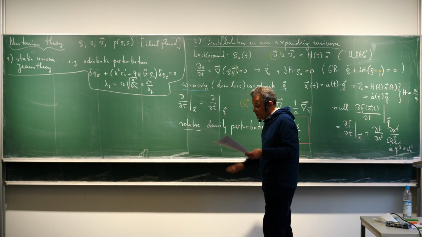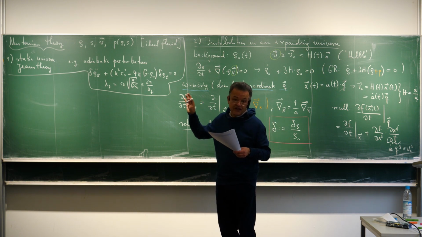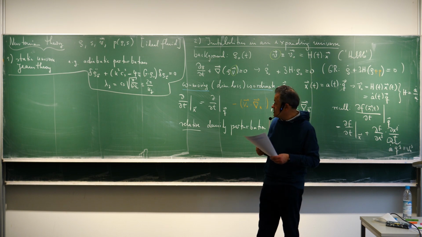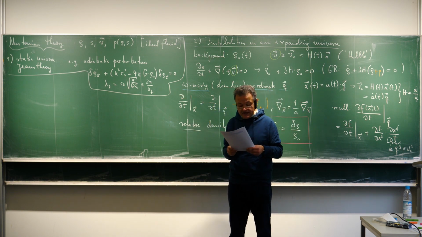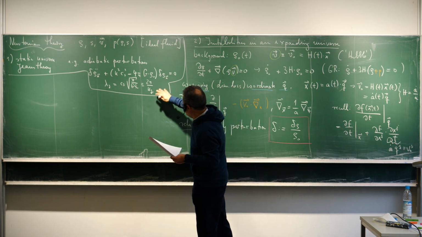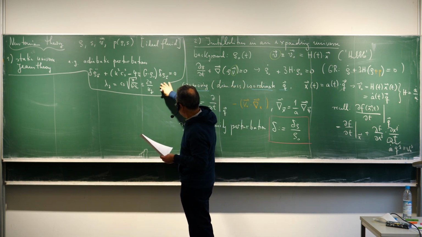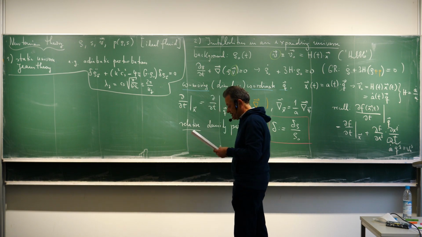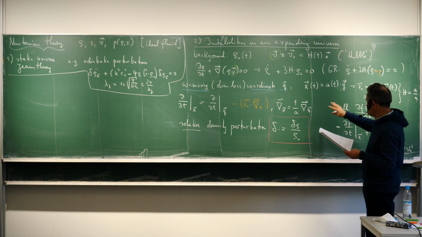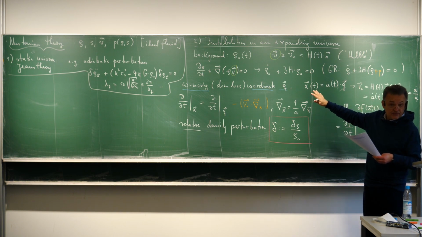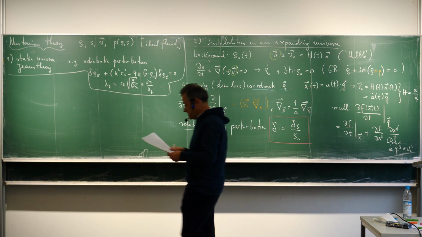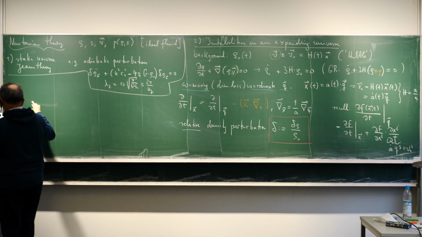Now, from the perturbed hydrodynamic equations, I gave you last time the equations in general, not only for the adiabatic case, but it's perhaps sufficient here to restrict to the adiabatic case. So we take those equations and just use this rewriting with respect to q. And I leave this short calculation as an exercise, and you get the following.